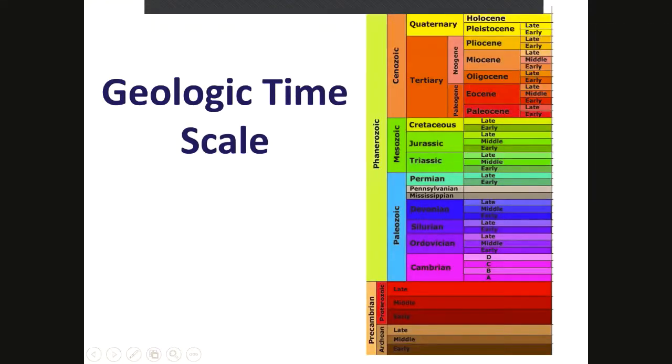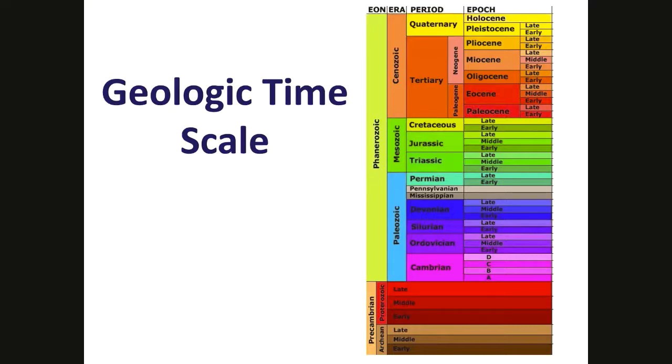Now we're going to take a look at the geologic timescale. We're going to introduce it, get a feel for what was happening as far as life goes and the different eras of Earth's past. So you can see on the right this very colorful geologic timescale here.